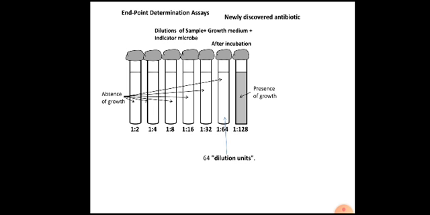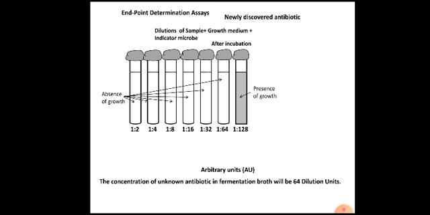In this case it will be 64 dilution units, which are called arbitrary units, that is AU. So the concentration of unknown antibiotic in fermentation broth will be 64 dilution units.